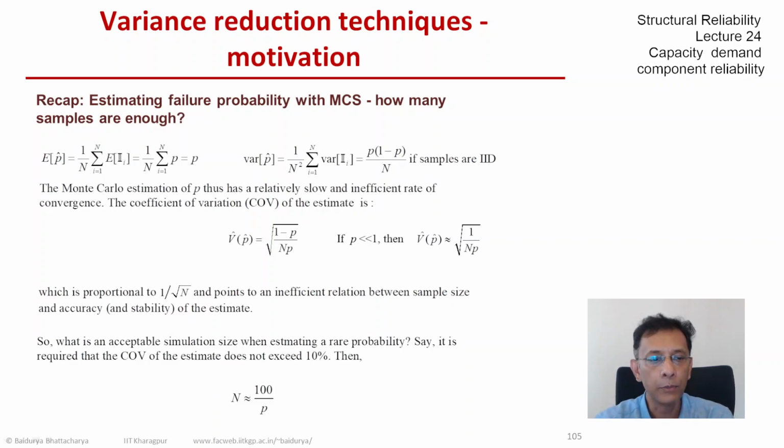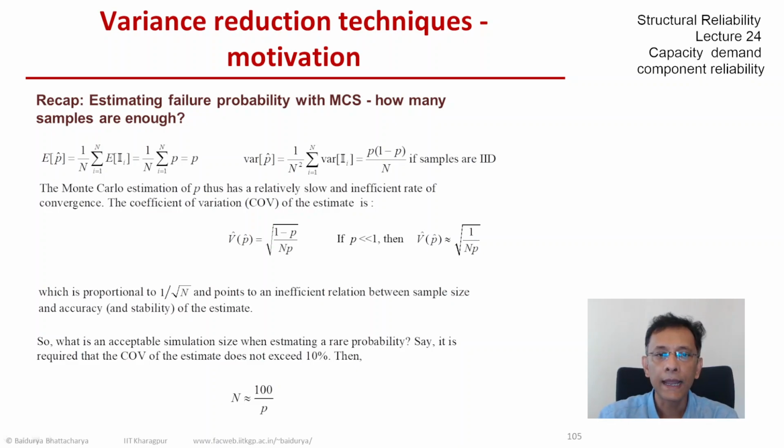So just as an example, if p is say 1 in a million, which is very small, but suppose it was, we would need to generate about 100 million samples or run 100 million trials, which could be very demanding if every trial required a detailed and involved finite element analysis of the structure. So whether it's 1 in a million or 1 in 100,000, you get the idea.